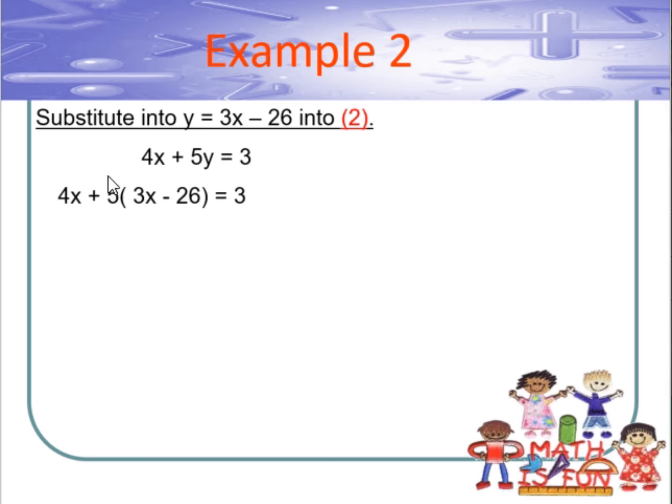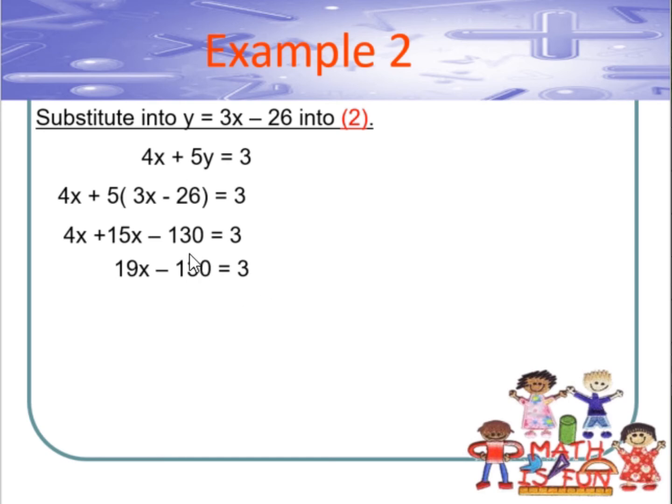This time, ay apply natin ang distributive property. So, we'll have 4x plus 5 times 3x is 15x, and then 5 times negative 26 is negative 130 will be equal to 3. Combine like terms, 4x plus 15x is 19x, minus 130 is equal to 3.